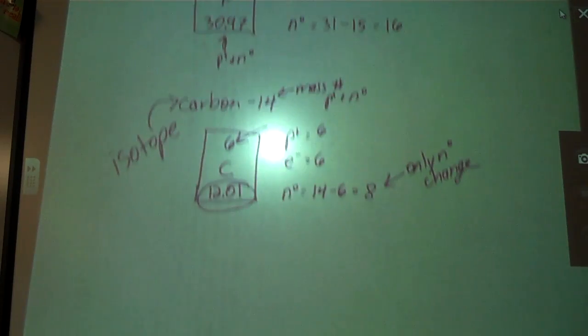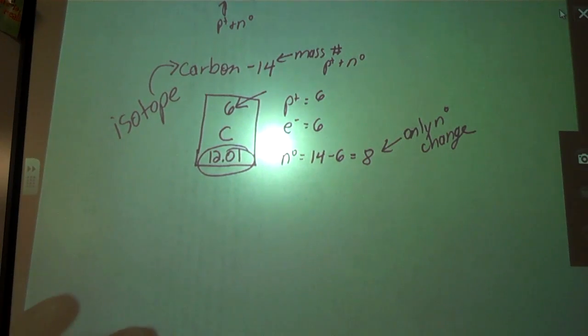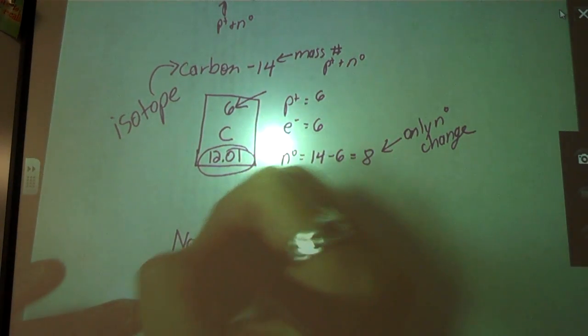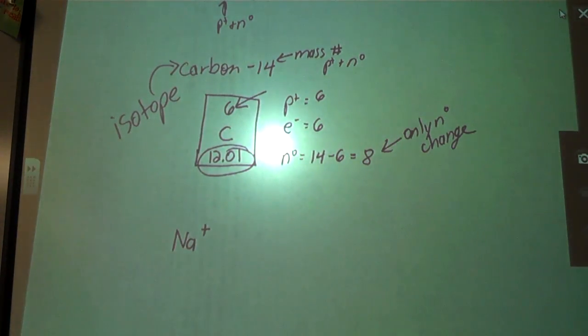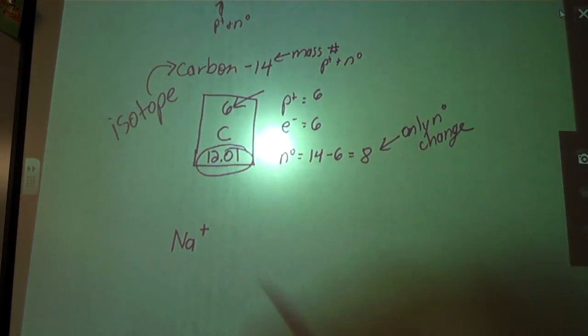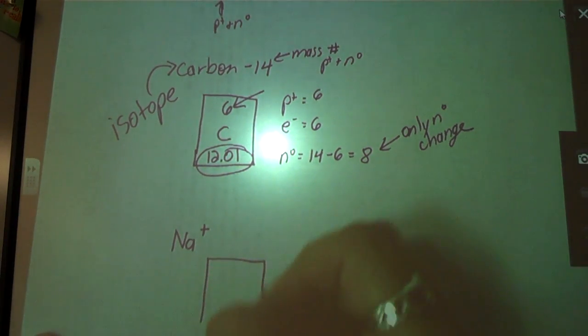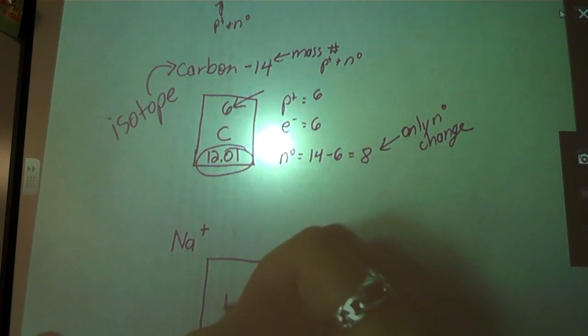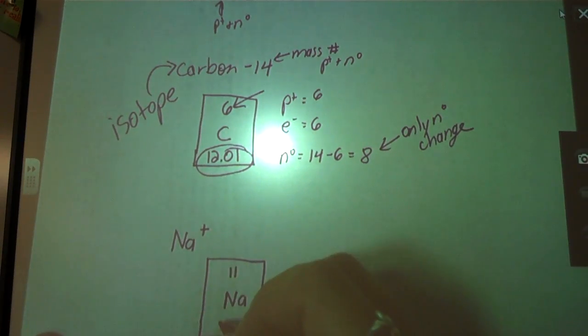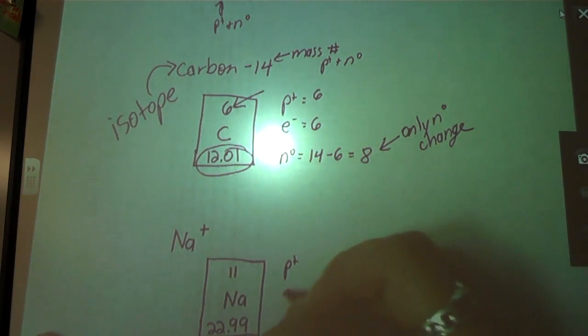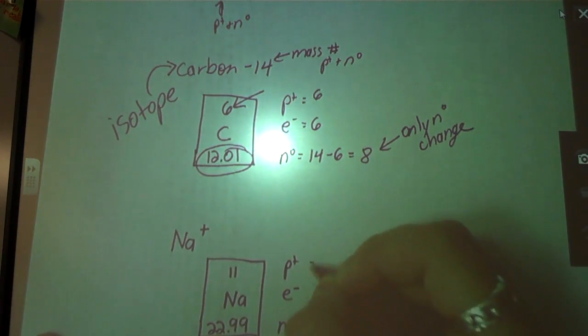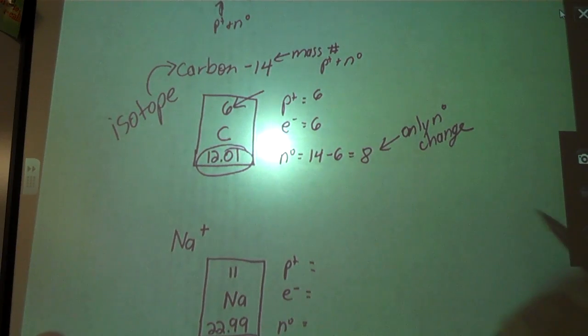Last but not least, let's do an ion example. For example, let's say sodium plus 1. This is the sodium ion. It has a +1 charge. Sodium's periodic table box looks like this. Let's say, once again, I want to do protons, electrons, and neutrons. Protons do not change.